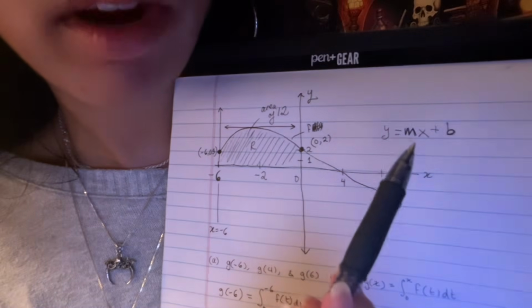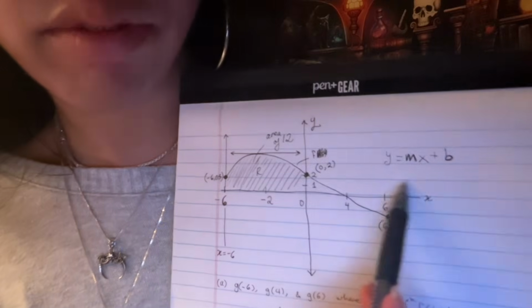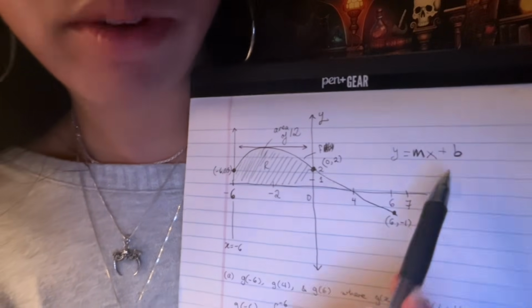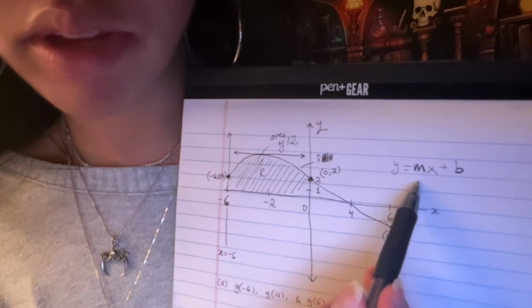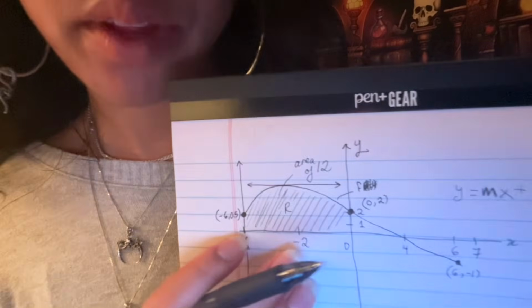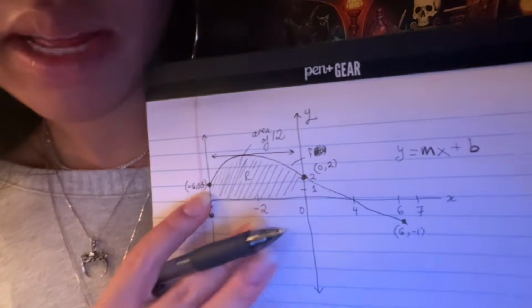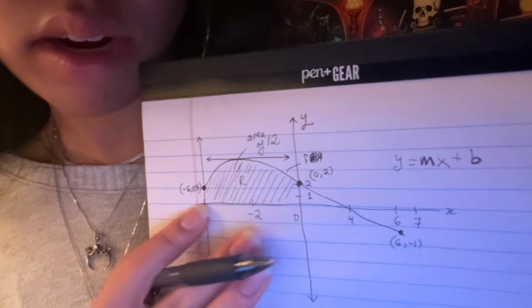Then if you wanted to, you could take the derivative of that equation, and of course the derivative would just be m, the slope. So it's the same thing that we did before, but putting it into an equation and then finding the derivative from there. It's the same thing mathematically.